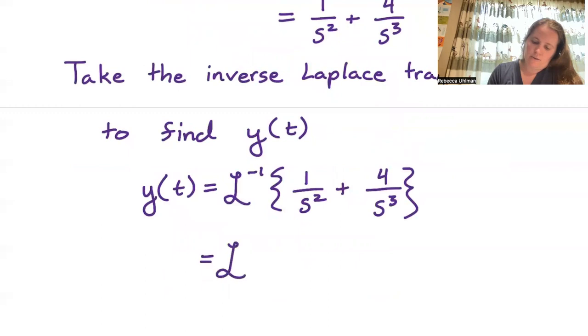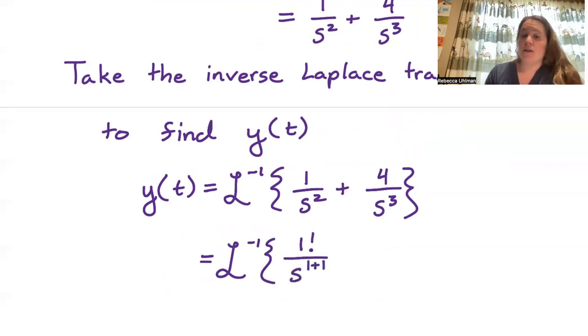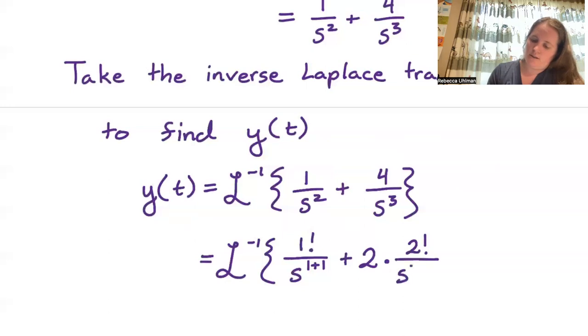This is the inverse Laplace transform of 1 factorial over s to the 1 plus 1. 4 over s cubed is not quite in proper format. This is 2 times 2 factorial over s to the 2 plus 1.